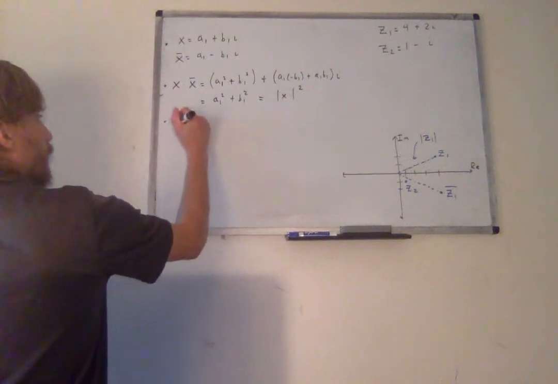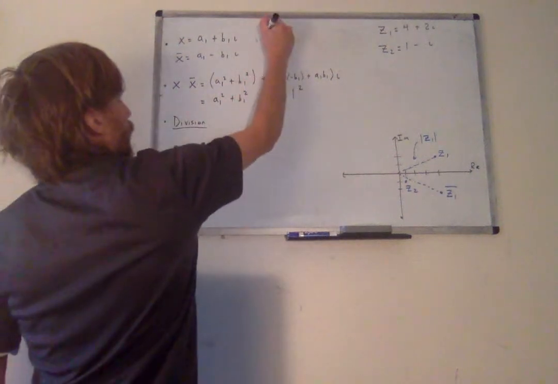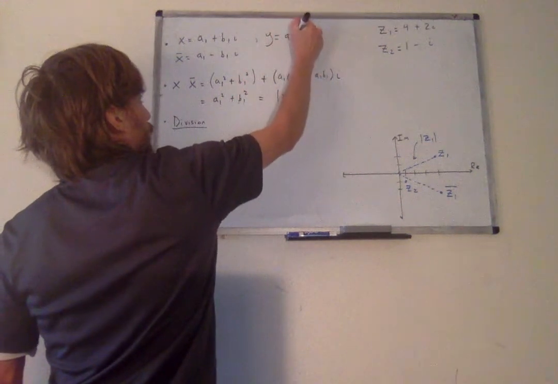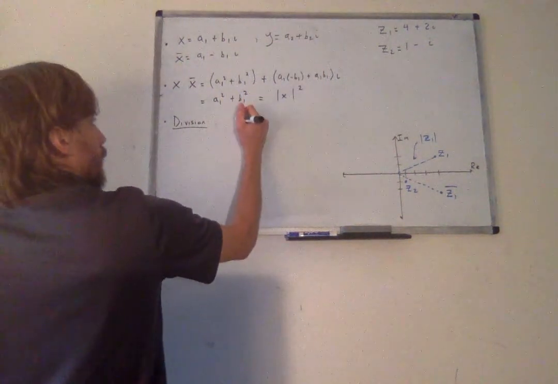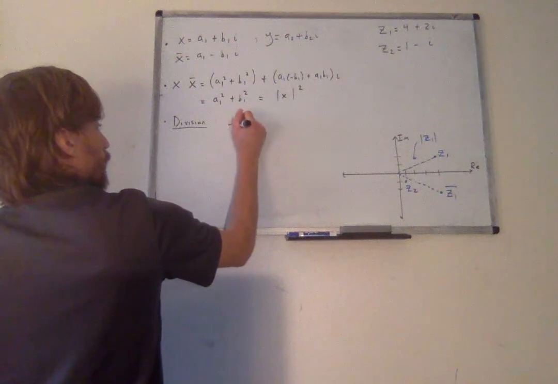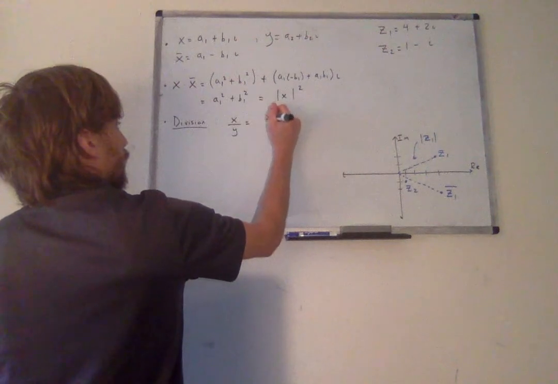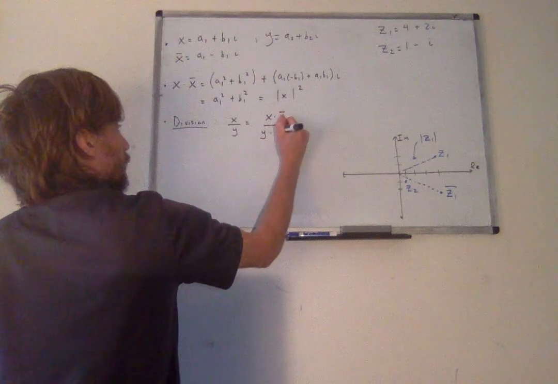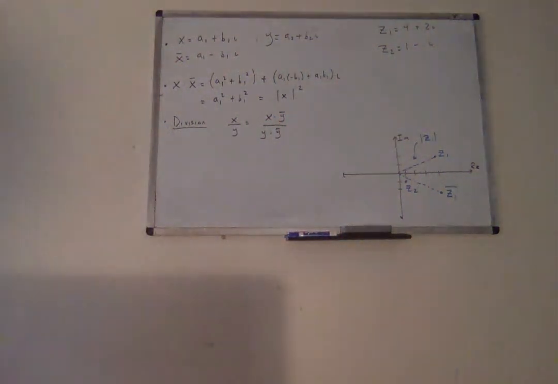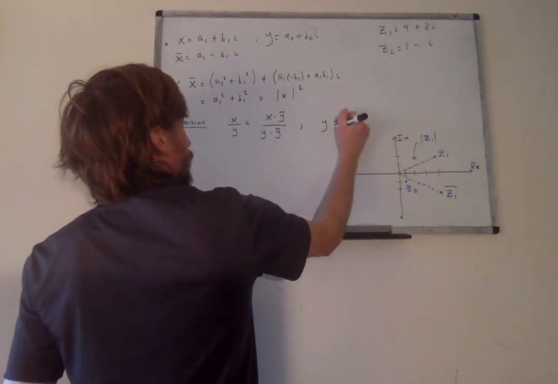Because the way we're going to define division of two complex numbers x and y is: x divided by y, we're actually going to define as x times y conjugate divided by y times y conjugate. And of course we're assuming here that y is not equal to 0.